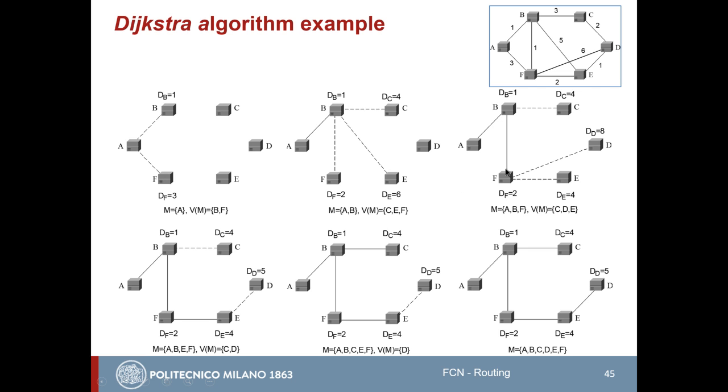Then it contains A, B, and F, then A, B, F, and E, and then A, B, F, E, and C, and then all the network nodes. Okay? And the final result is again the same as the Bellman-Ford. Now you can do the algorithm in detail as an exercise.